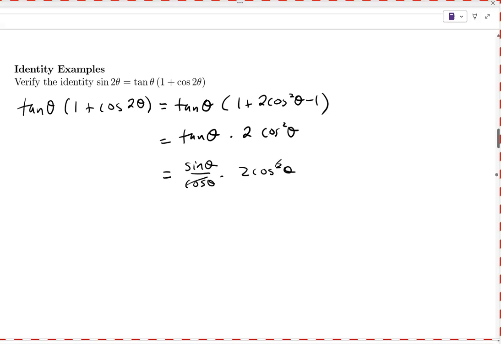Yeah, one of the cosines cancels, right? When that cancels, you get 2 sine theta cosine theta if I rearrange. What are we trying to get to? Sine of 2 theta. Is that equal to sine of 2 theta? Yeah, that was our formula we just came up with. So there we go.